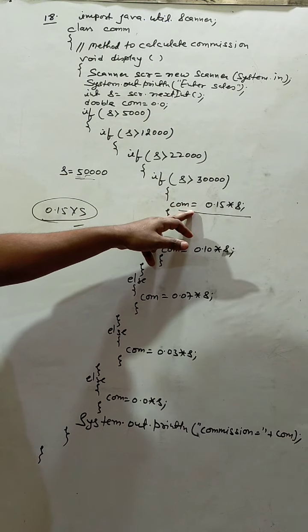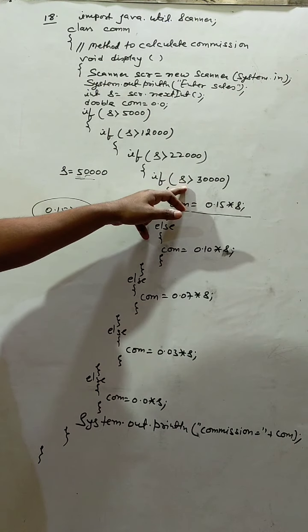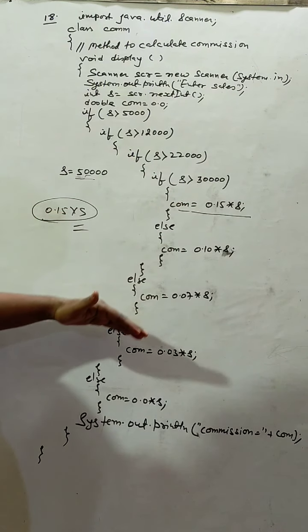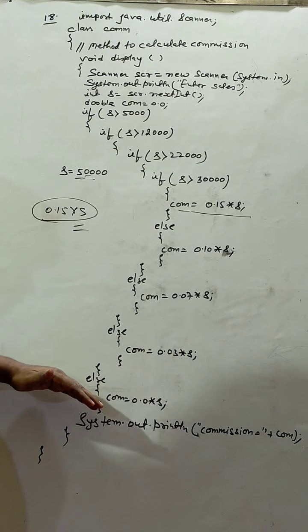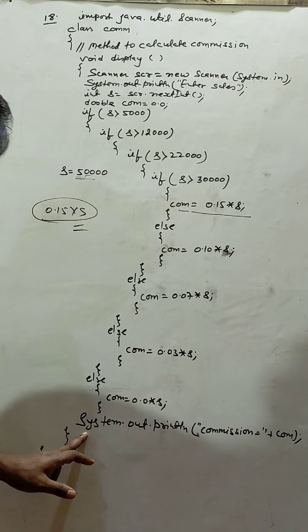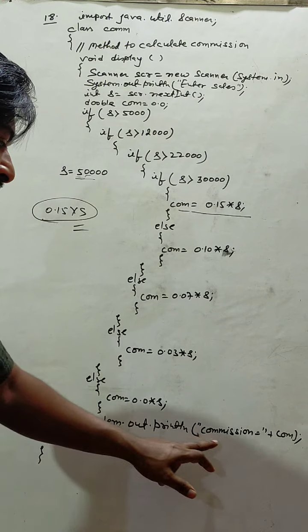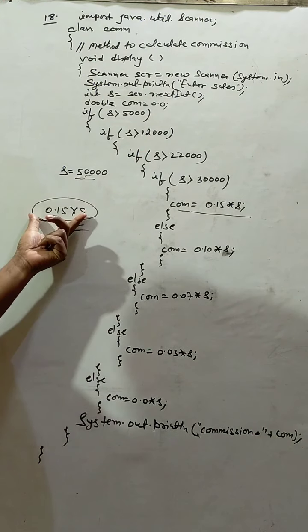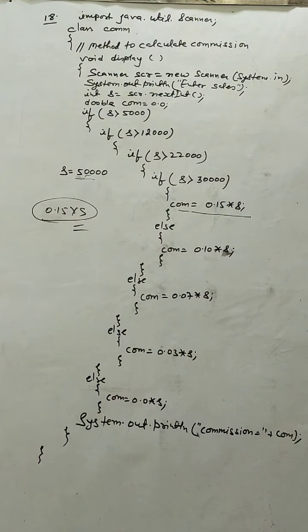If this condition becomes true, all the else parts will be ignored, and control comes directly here and prints commission equals com, that is 15% of his monthly sales. Okay, now check with another example.